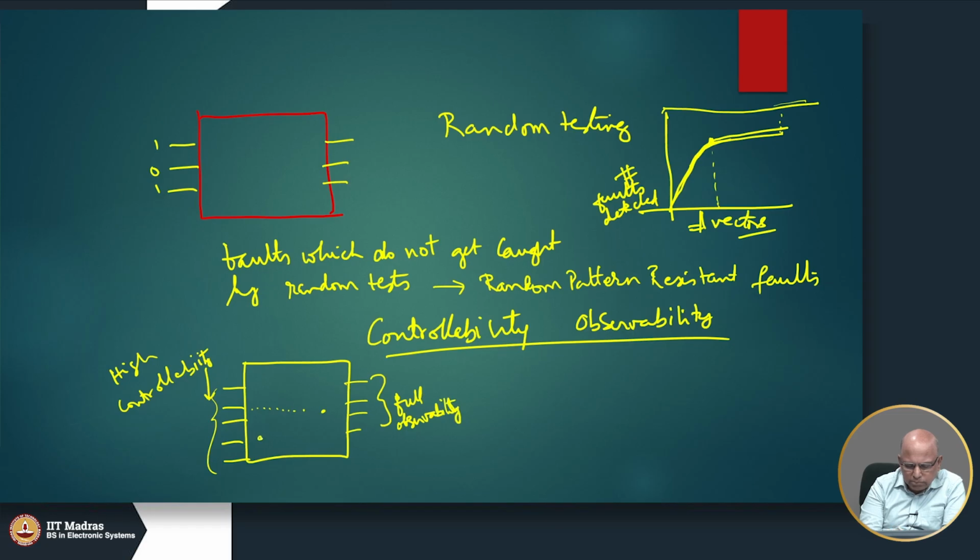But if I find some point inside and ask what is the value on this, is it 0 or 1, I can't observe it directly. So, internal lines are difficult to control and observe. The further you get away from the primary inputs, the lower your controllability, and similarly the further you get away from the primary outputs, the lower your observability. Let me give you an example.